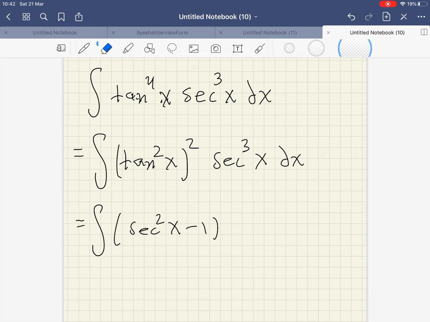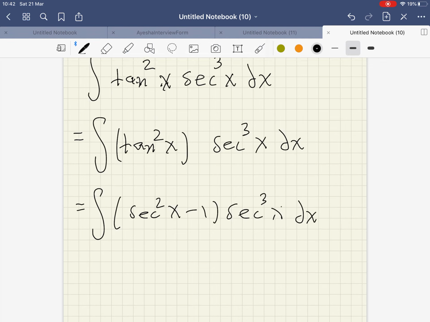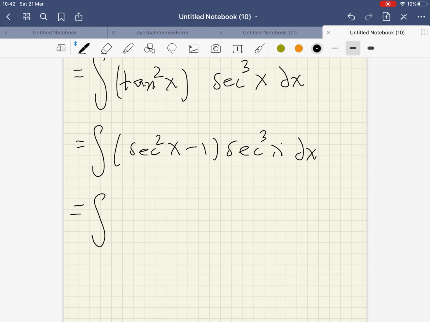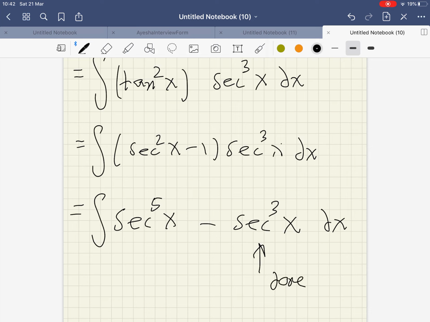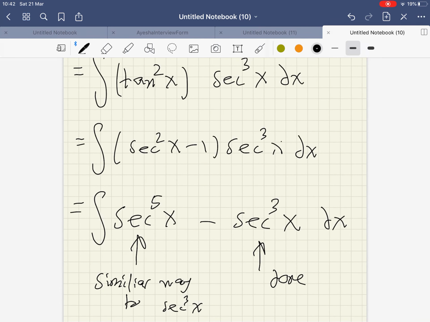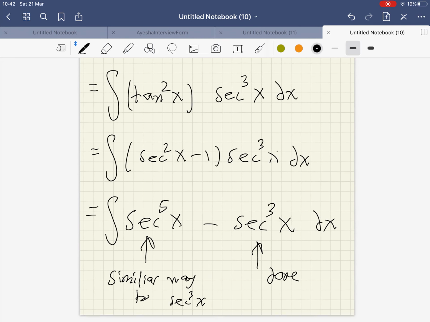Just to simplify matters, let me write this as secant squared minus 1, squared, times secant cube x dx. The idea is we change everything into secant. So this will be the integral of secant to the 7th minus 2 secant to the 5th plus secant cube, and we can do each similarly to secant cube x, and by that we can find the answer.